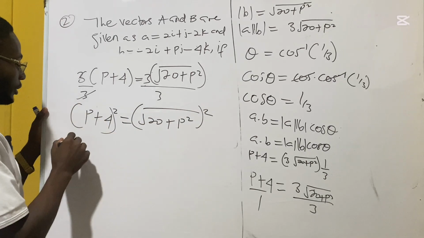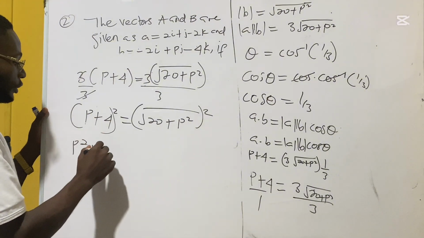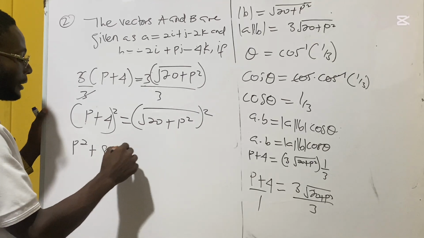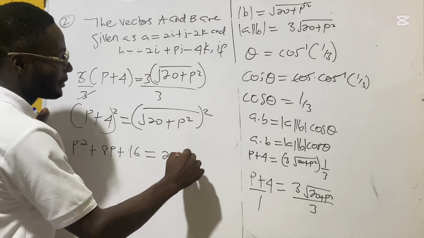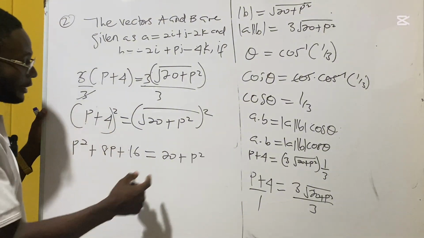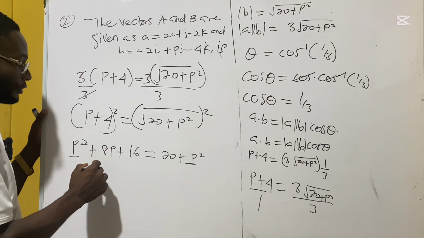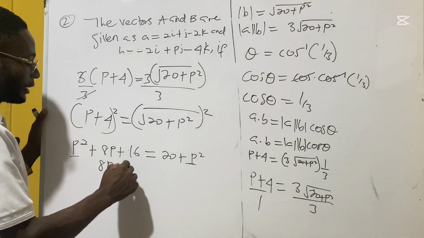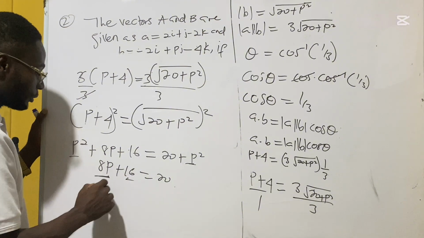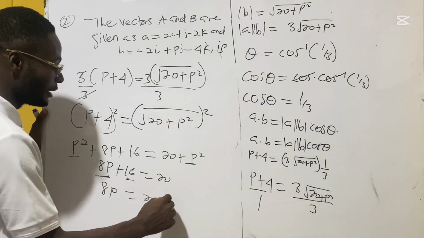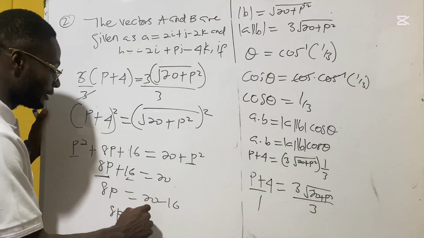So we're going to have p squared plus 2 times 4, which is 8p, plus 4 squared, which is 16, equals 20 plus p squared, right? So here, this p squared comes here and it goes off, and we're going to have 8p plus 16 equals 20, right? So this goes here. So we have 8p equals 20 minus 16, so 8p equals 4.